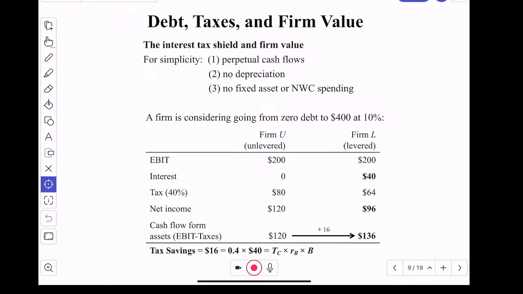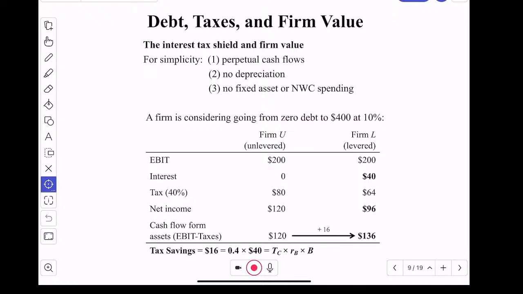So we have, as a result of taxes, an interest tax shield. And let's see how that influences the firm value. Now the firm value will increase the more debt is issued, because there are going to be perpetual tax savings as a result of paying interest payments to bondholders and being able to reduce the taxable income.